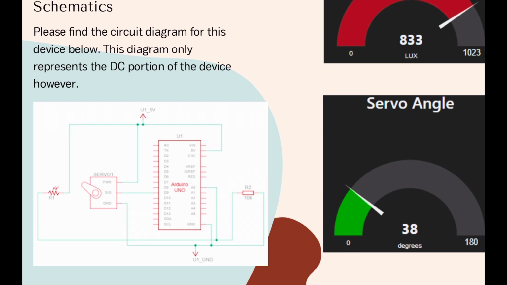So this is the DC portion of the device. What is happening inside is that we have our dimmer switch attached to this, and this dimmer switch is then connected to our light bulb. So the dimmer switch and the light bulb are the AC portion of this device.